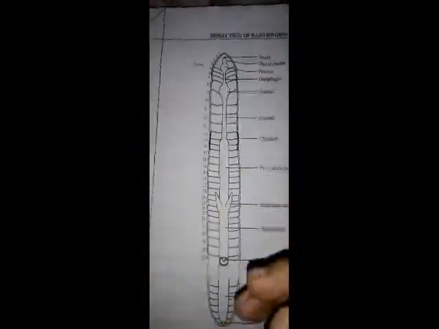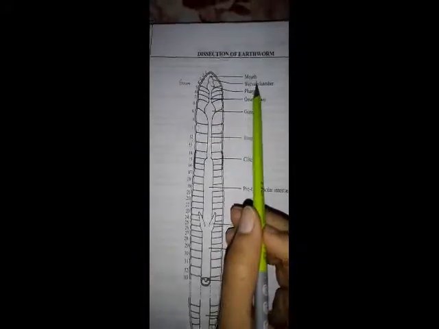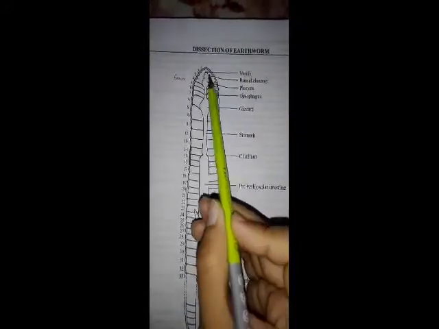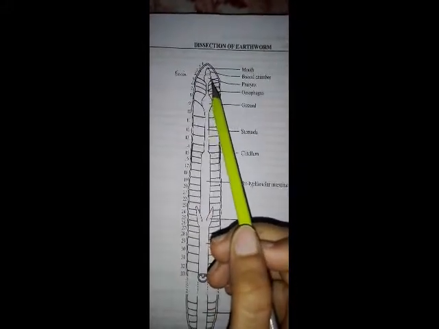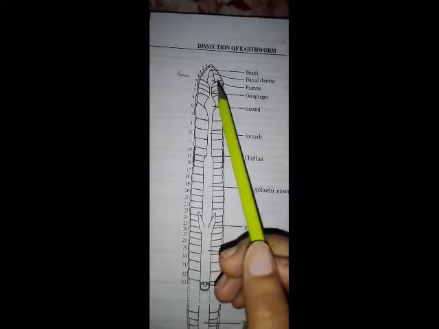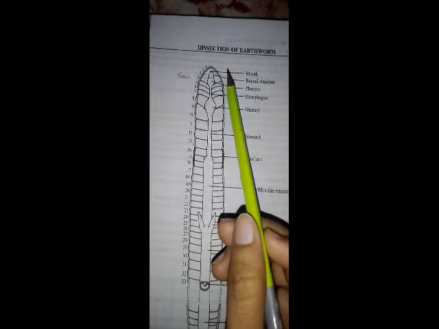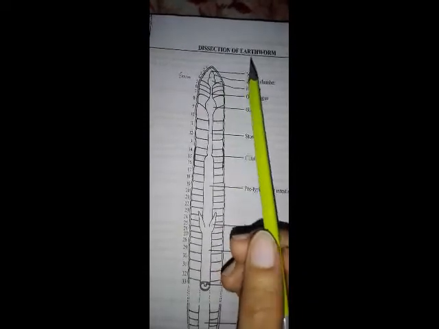This is the segment in which they lie. It will be easy for you to memorize; you can copy it. Now we will start by explaining the mouth. Mouth is the crescentic aperture lying ventral to the prostomium at the anterior end of the peristomium.